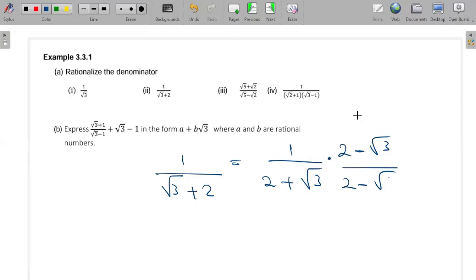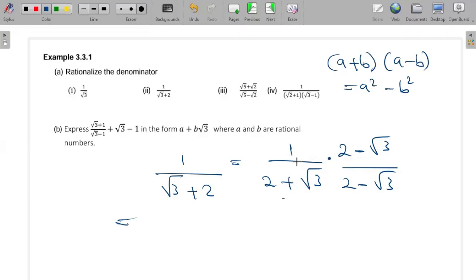Here we're going to use the difference of two squares. Remember that A plus B multiplied by A minus B is the same as A squared minus B squared. So this is what we do for the denominator.